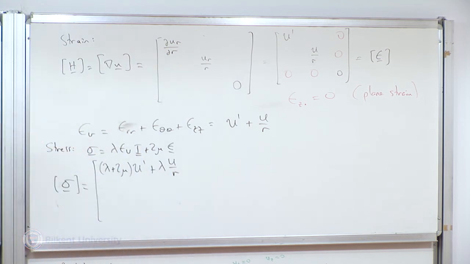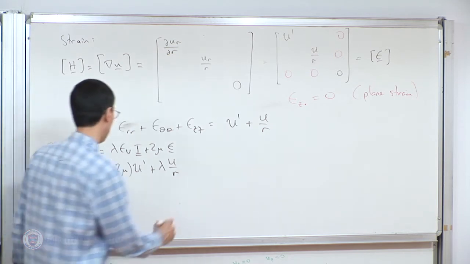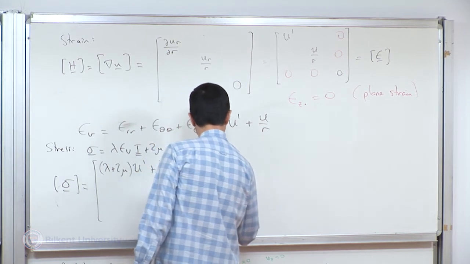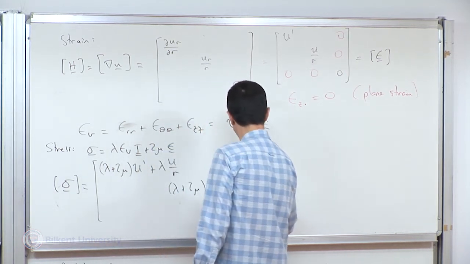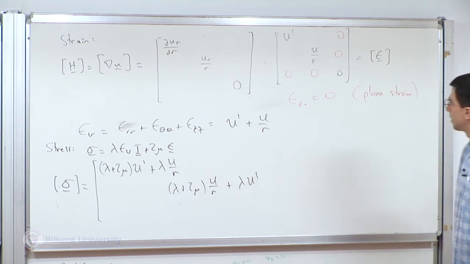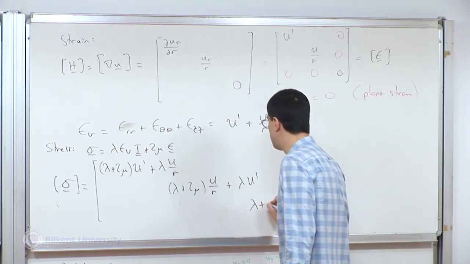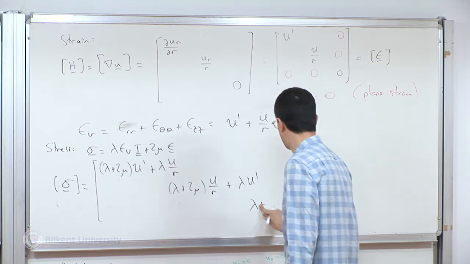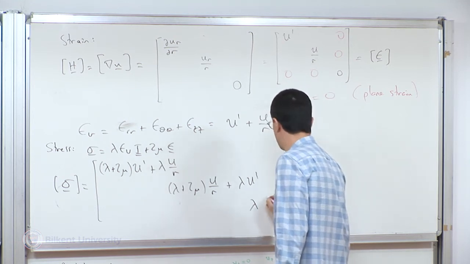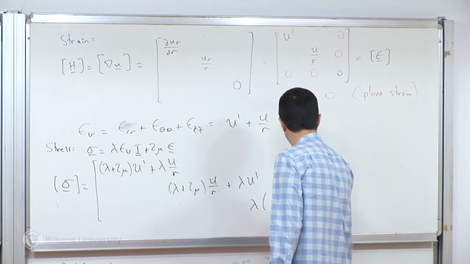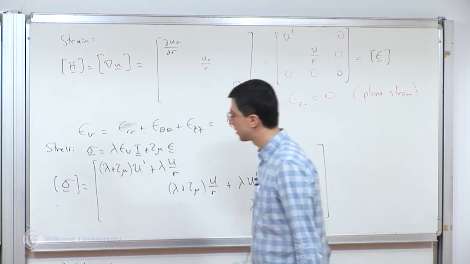And the second one is lambda plus 2 mu u over r plus lambda u prime. And the third one is simply lambda times u prime plus u over r. That's the stress.